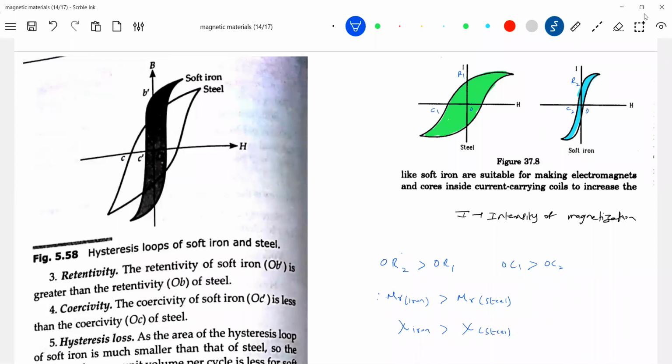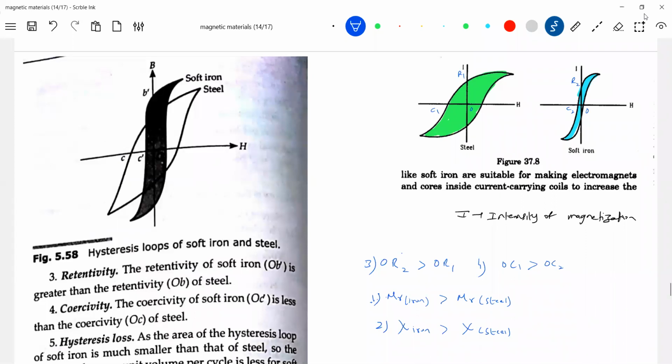I think we need all this data: retentivity, coercivity, hysteresis loss, and all this. There's a 1, 2 like this, and there's a 3, the data. Coercivity, there's a 4. And the area. Okay, this data you have to remember here.